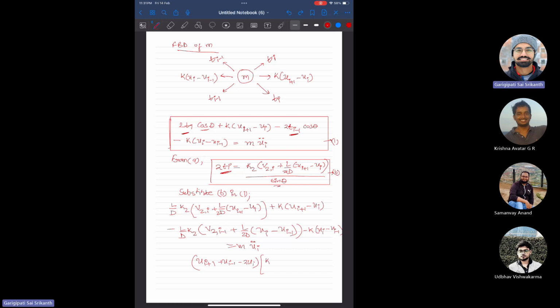So we have to take as half L by D square K2 is common. I think that works.